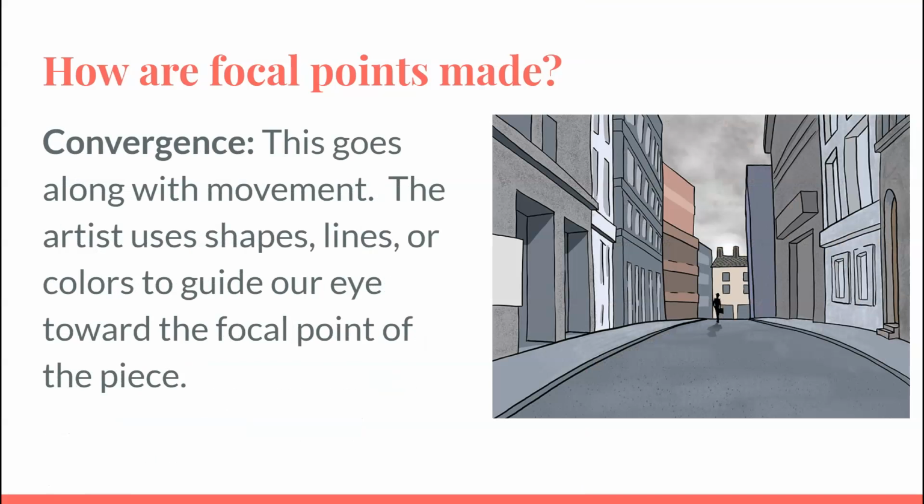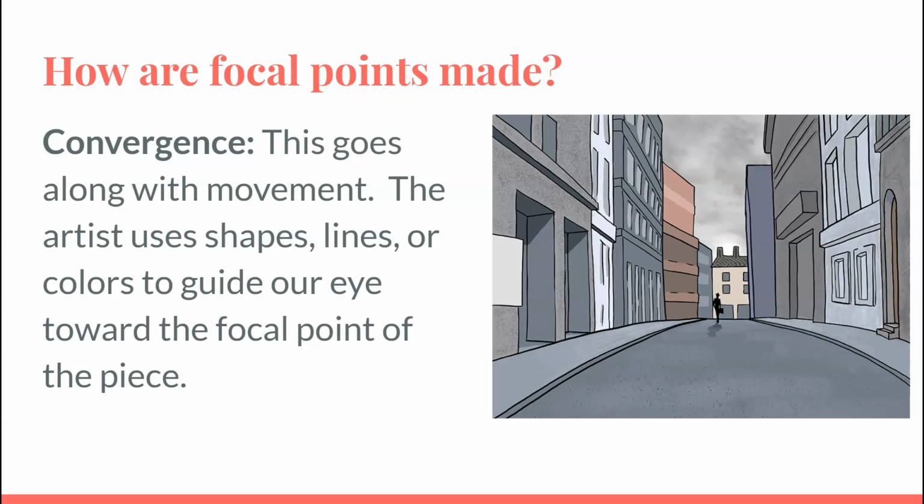And then finally, convergence. This goes along with the idea of movement. Composition often creates movement within a piece, right? And that movement is created by lines that draw our attention. The artists use these shapes, these lines or colors, and they guide our eye toward the focal point of the piece.